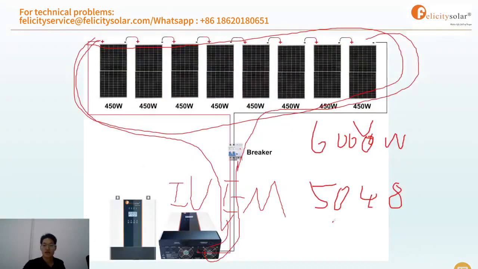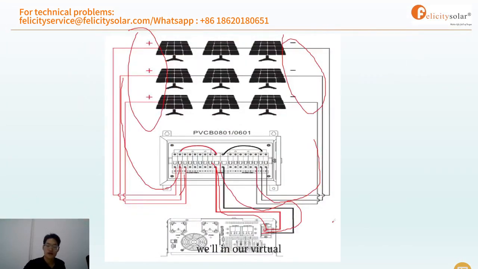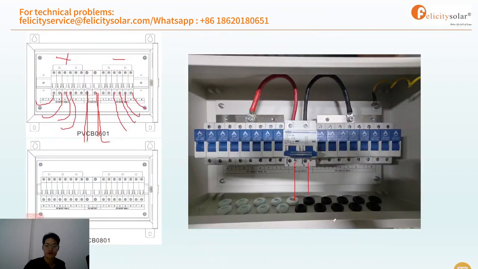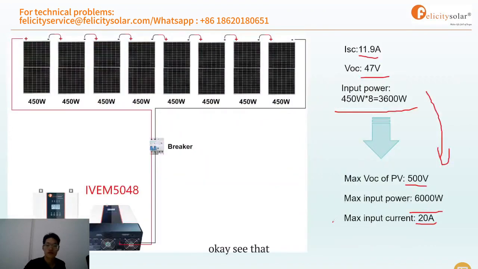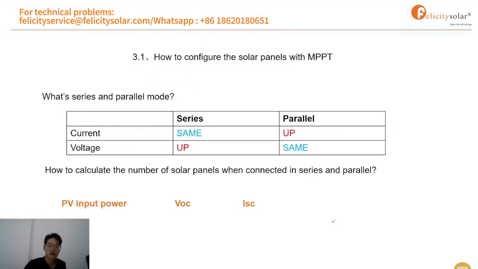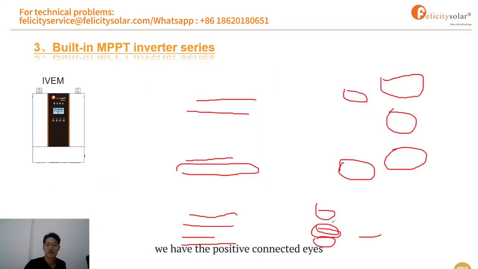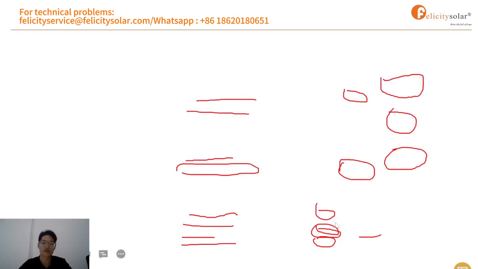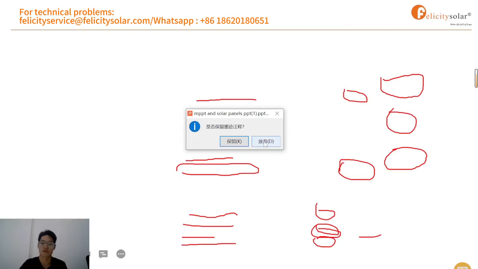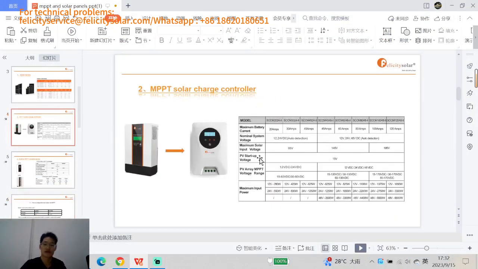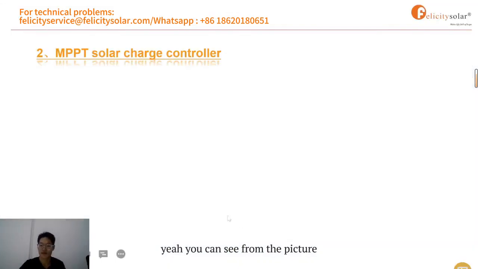In our inverter MPPT solar controller, we have positive and negative signs. You can see from the picture.